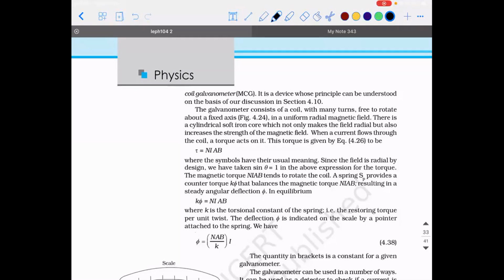It works on the principle that a current carrying coil placed in external magnetic field experiences torque.